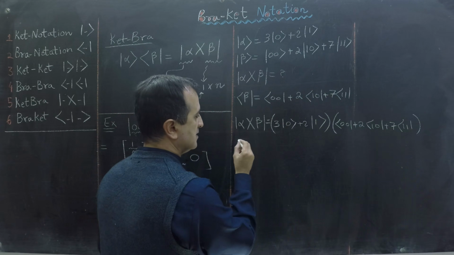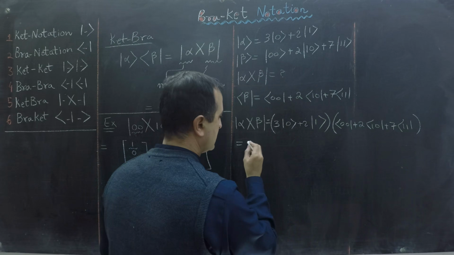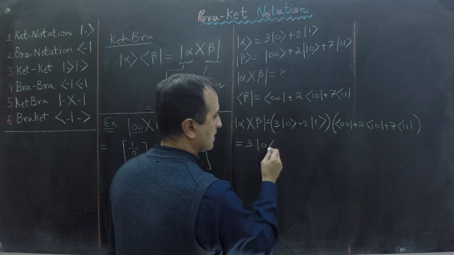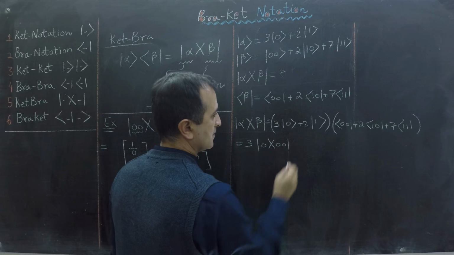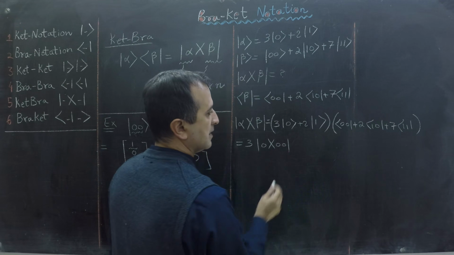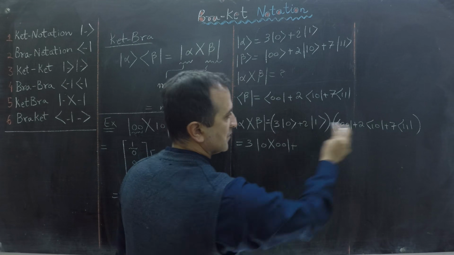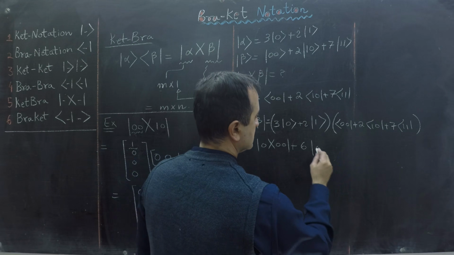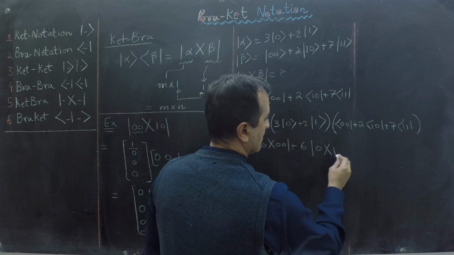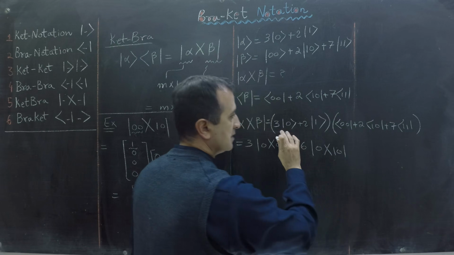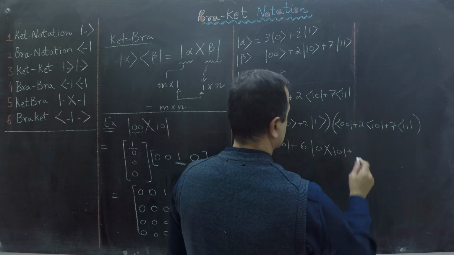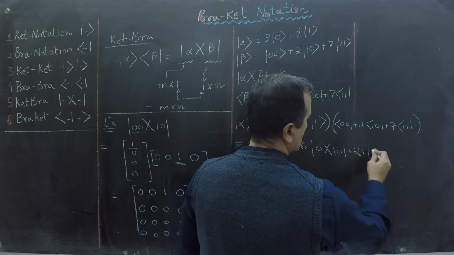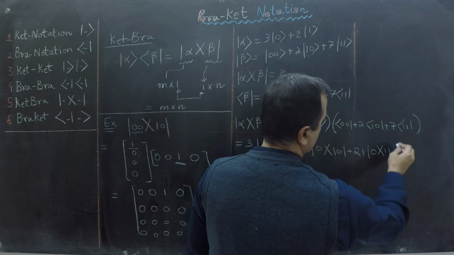And now when I simplify them, I will get 3 ket 0 bra 0 0. And then with this, I will get 6 ket 0 bra 1 0. Then this with this, I will get 21 ket 0 bra 1 1.